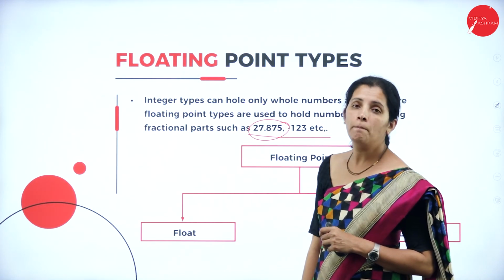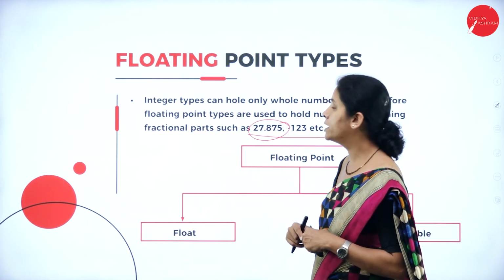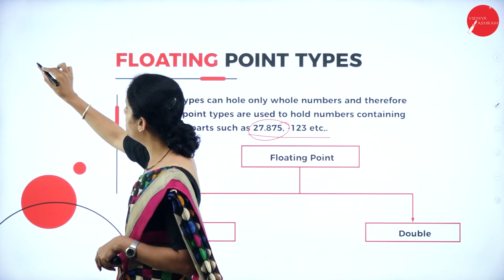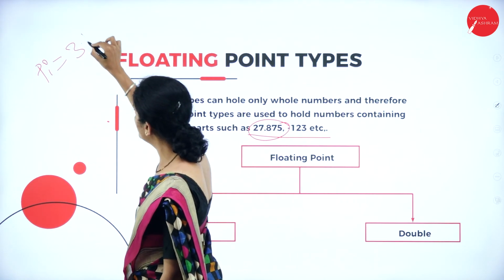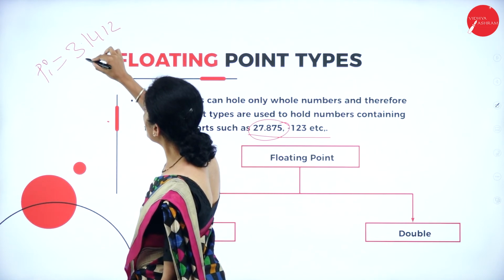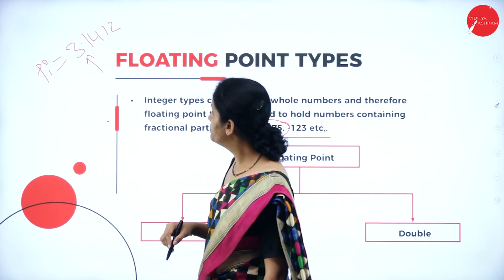27.875 or -123. These are examples of floating point. For example, if I write pi equal to 3.1412, this number will have an integral part as well as a fractional part.